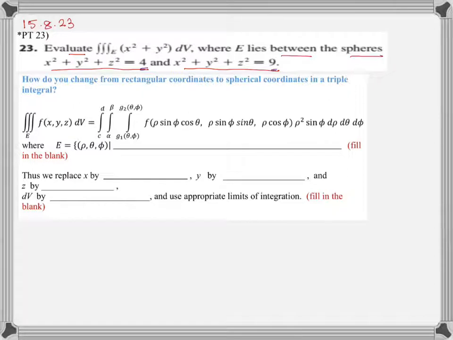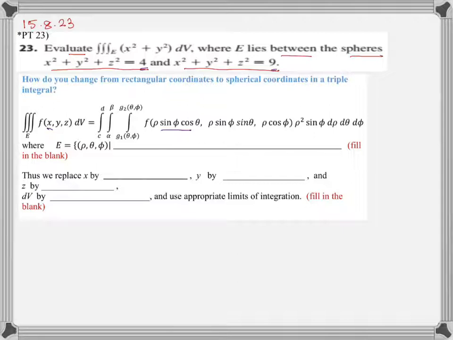f of rho sine phi cosine theta, here note that x changes to rho sine phi cosine theta, then rho sine phi sine theta, that's the change for y, and rho cosine phi is the change for z.